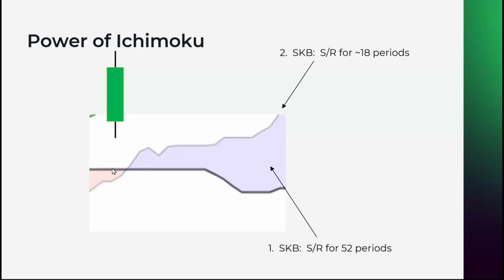Goichi Hosoda was so brilliant that he took the past and, remembering the current values are here, he shifted this whole cloud. So when you look at price here, you're looking at everything from 26 bars ago, the support resistance levels from 26 bars ago.